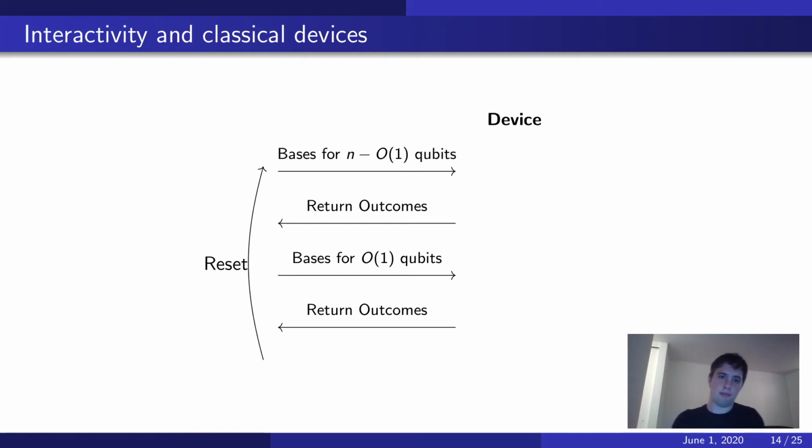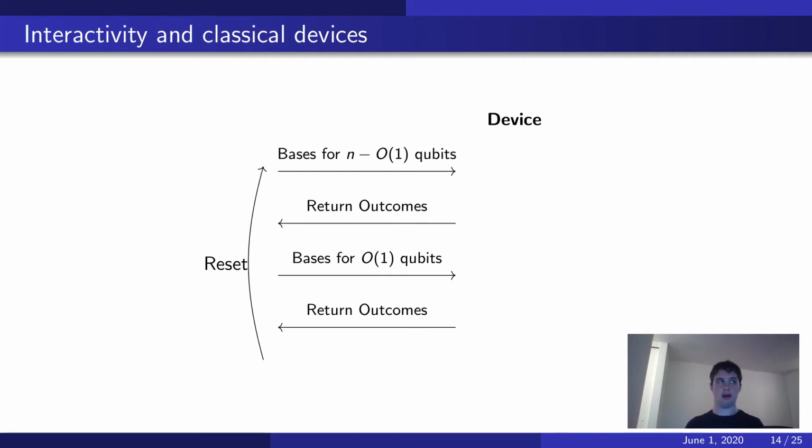All right. But just as a thought experiment, what if we feed it an input and get the output, and then we stop in the middle of this procedure and just open up the device, see what's inside, because whatever's in there is describing these constantly many qubits that are left over. In the case of the quantum circuit, it's literally the qubits themselves. But in a classical device, it's going to be classical information.